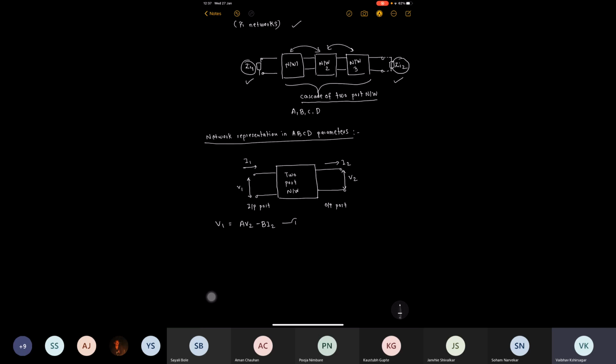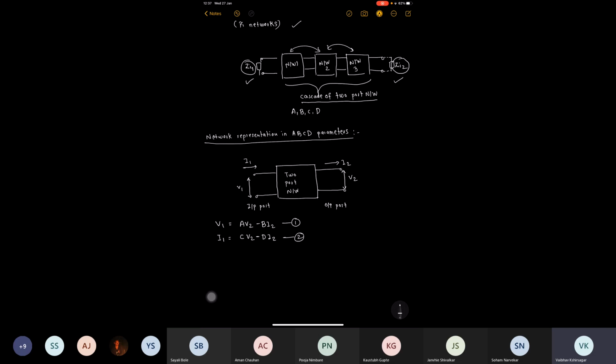Let us call this equation number 1. They relate voltage and current at one port to voltage and current at the other port. Similarly, we can write I1, the current at port number 1, as C V2 minus D I2.